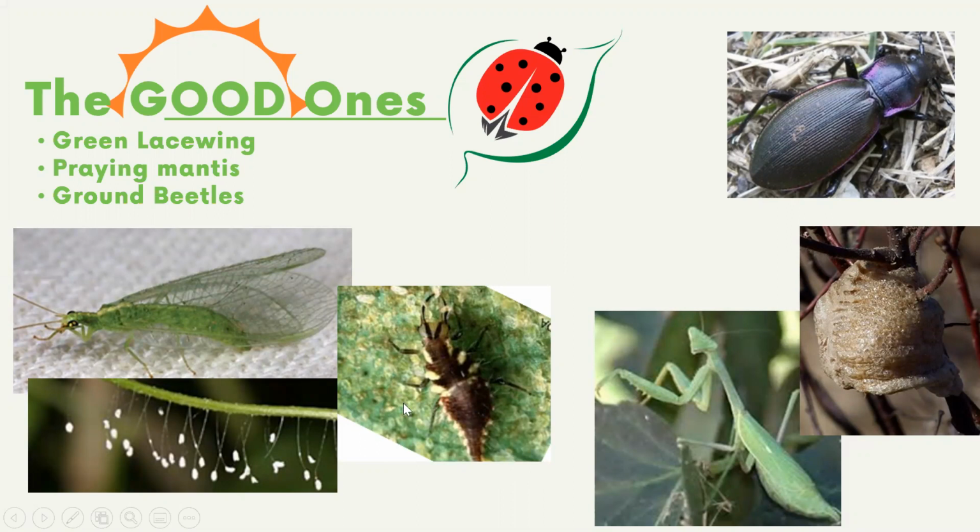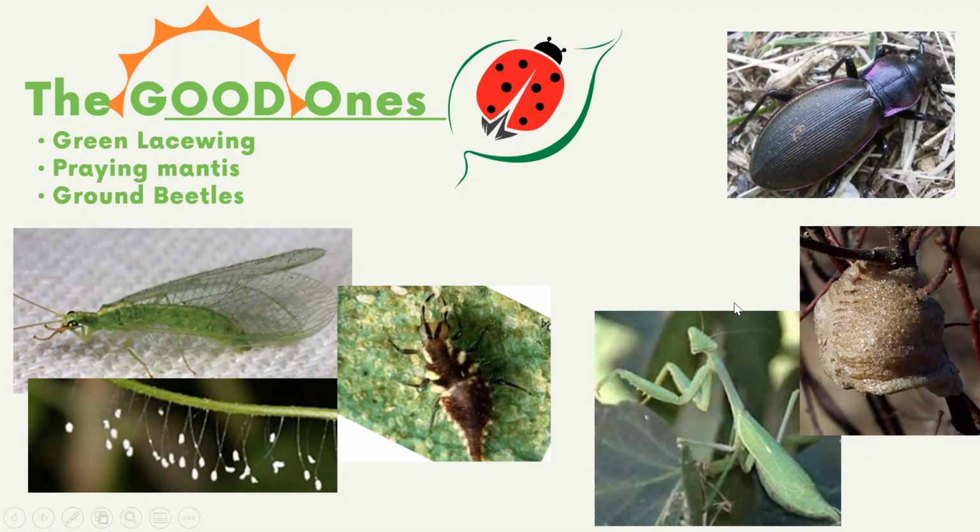So if you see one of these, don't squash it. And also if you see eggs on a string, this is lacewing eggs. So don't do anything to those, leave them alone because they're good bugs.